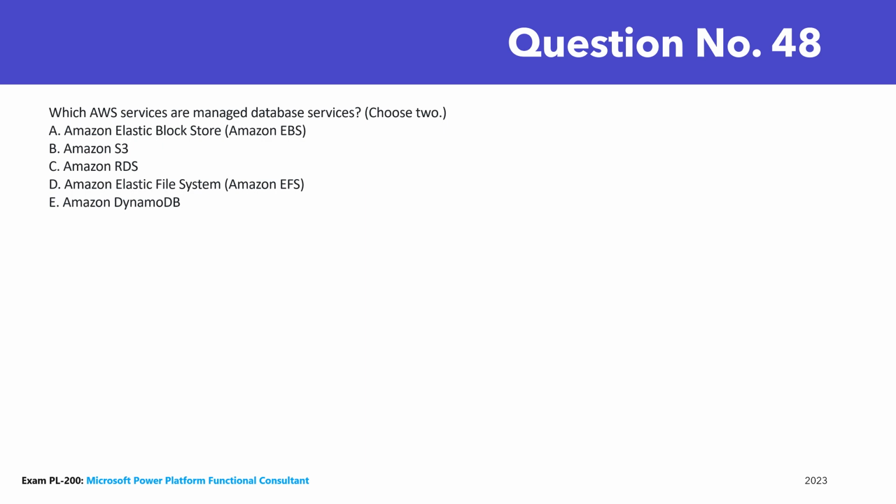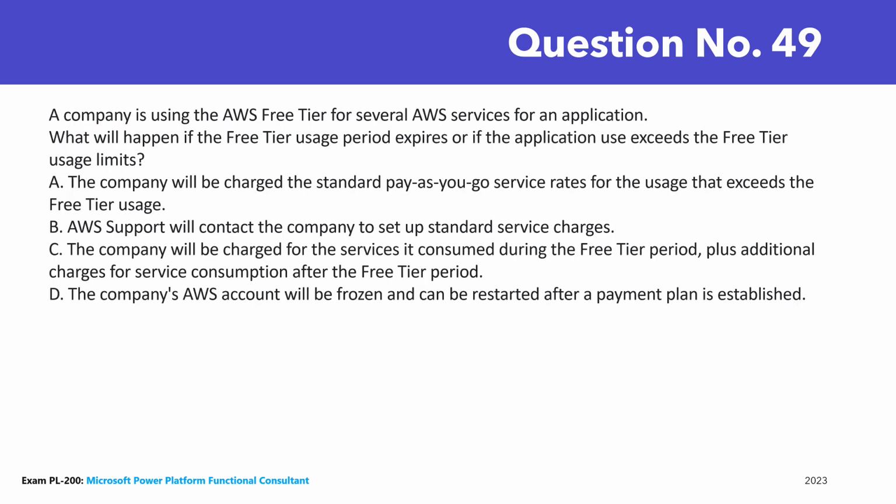A company is using the AWS free tier for several AWS services for an application. What will happen if the free tier usage period expires or if the application use exceeds the free tier usage limits? A. The company will be charged the standard pay-as-you-go service rates for the usage that exceeds the free tier usage. B. AWS support will contact the company to set up standard service charges.